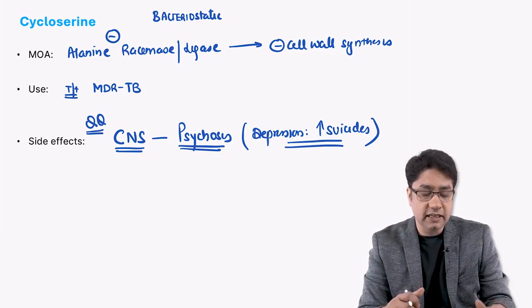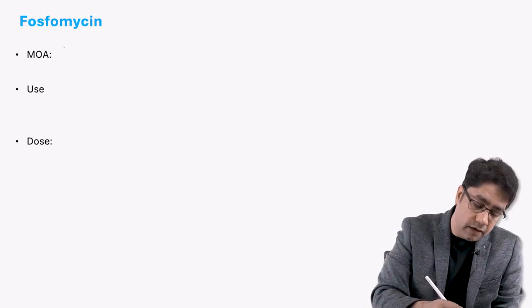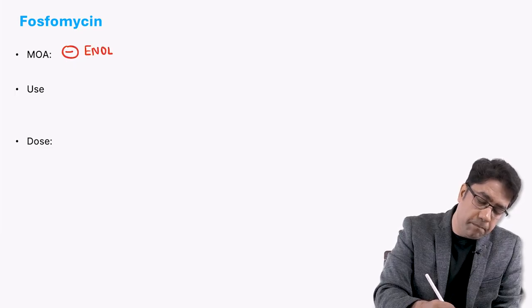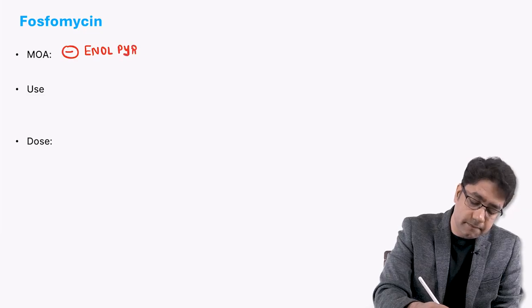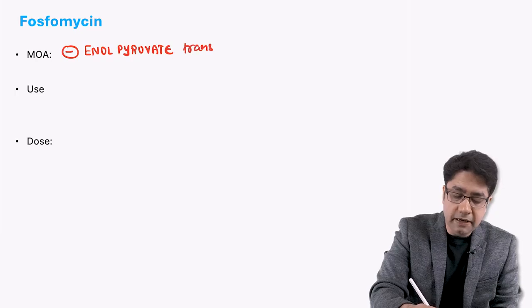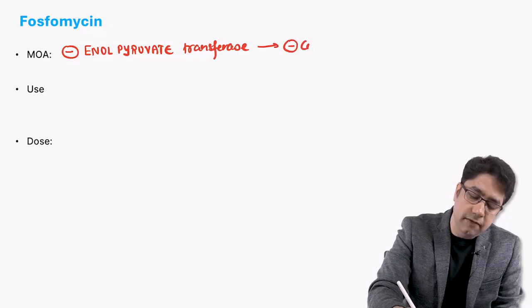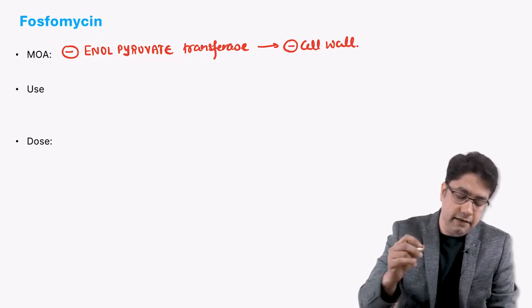So after cycloserine, the next cell wall inhibitor we have is fosfomycin. We discussed fosfomycin inhibits enol pyruvate transferase in the previous part 1. And by inhibiting enol pyruvate transferase, it also inhibits cell wall synthesis in a bacteria.